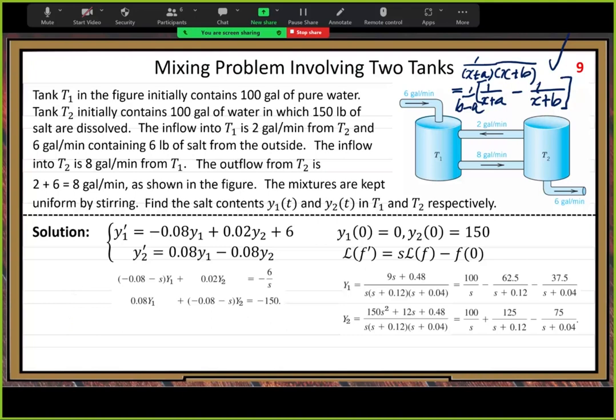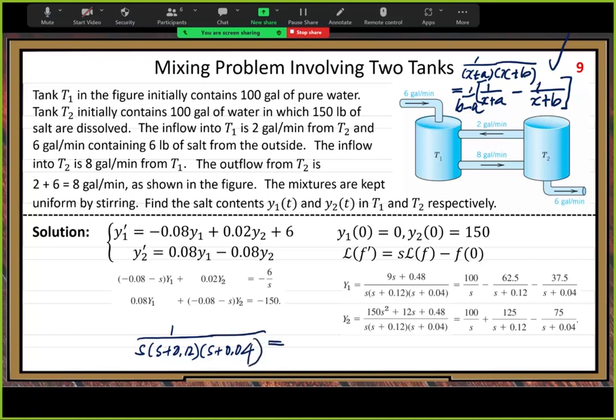Okay, look at the trick here. S times S plus 0.12, S plus 0.04.